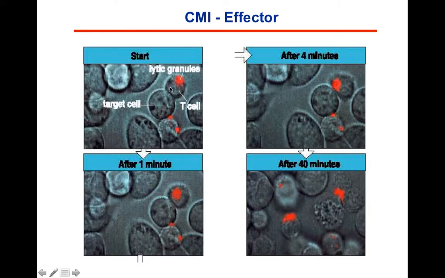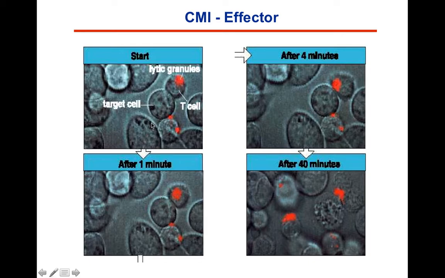We can see that in terms of the granules. We can see, for example, here's a T cell interacting now with a target cell. The granules have been dyed red. A few minutes later, what you see is these granules are moving from the back of the cell to the front of the cell in that area.